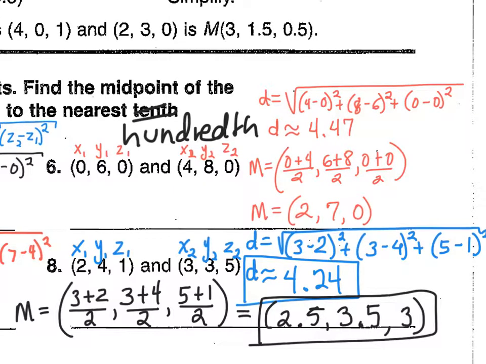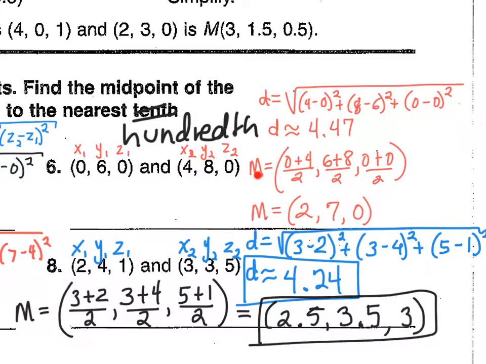Okay, problem number 6, you're supposed to have the distance is, you label the points x sub 1, y sub 1, z sub 1, x sub 2, y sub 2, z sub 2. And then we just plug in the numbers, that would be 4, which is over here, 4 minus 0, and then plus 8 minus 6, quantity squared, and then plus 0 minus 0, quantity squared, and that gives you 4.47.